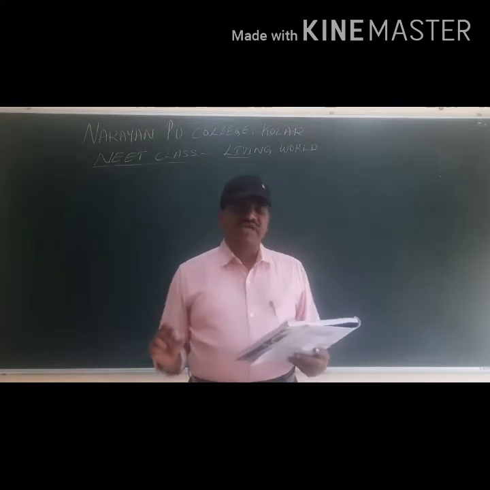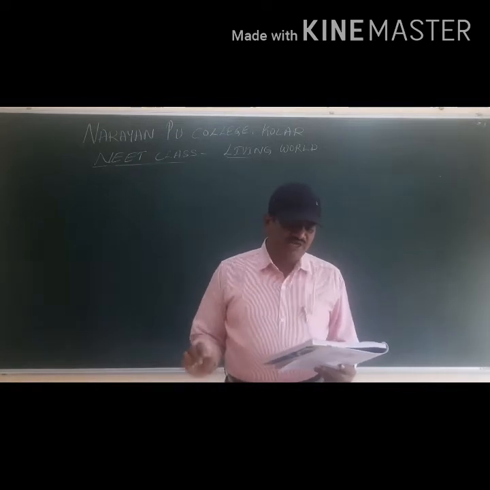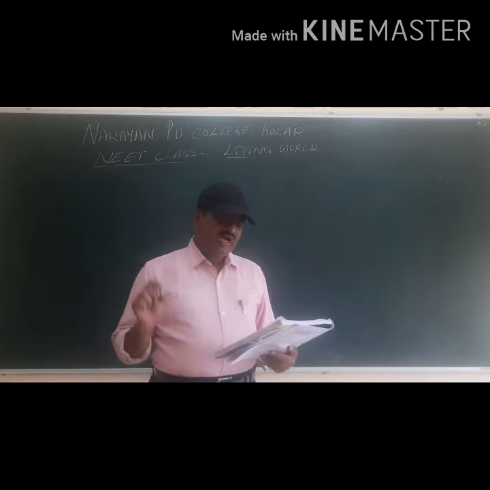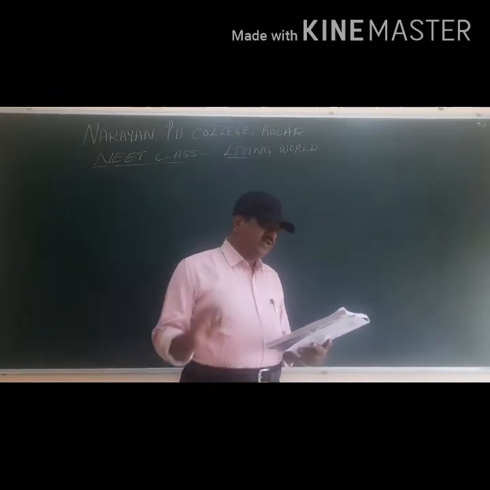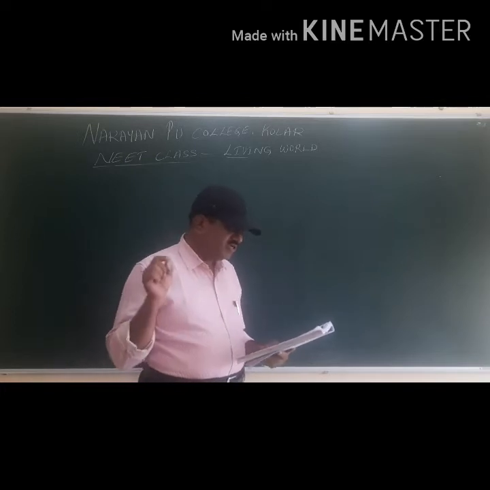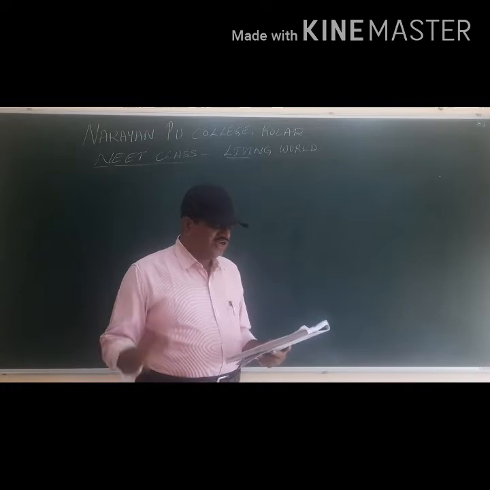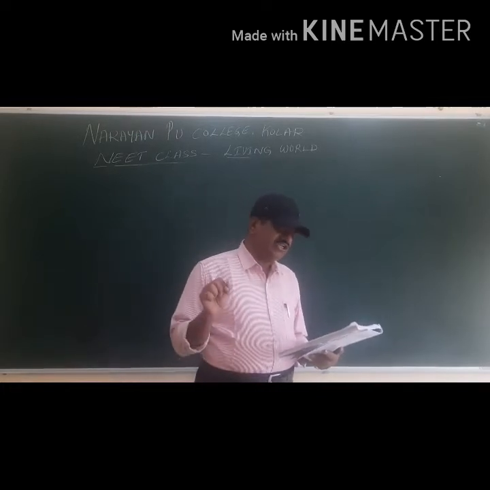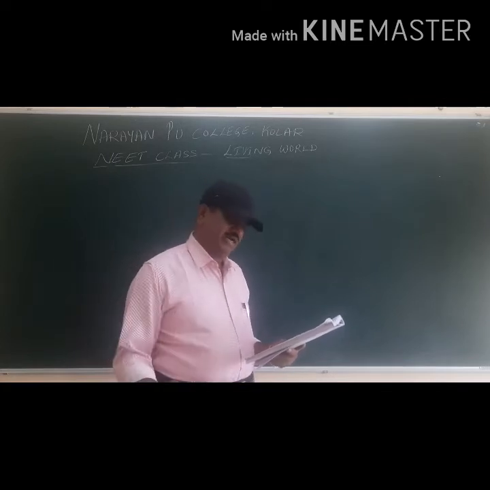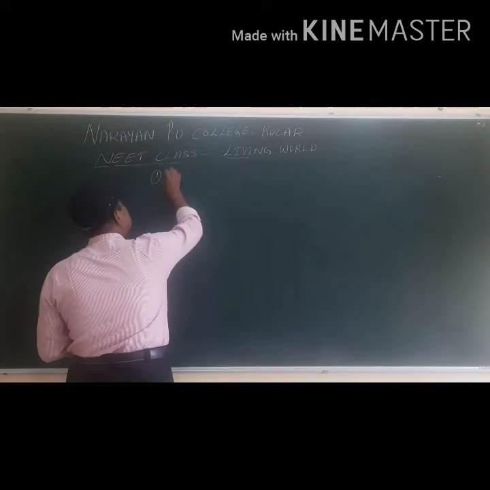Which taxonomical aid is useful in providing information for identification of names of species found in a given area? Here the first option is usually called flora.